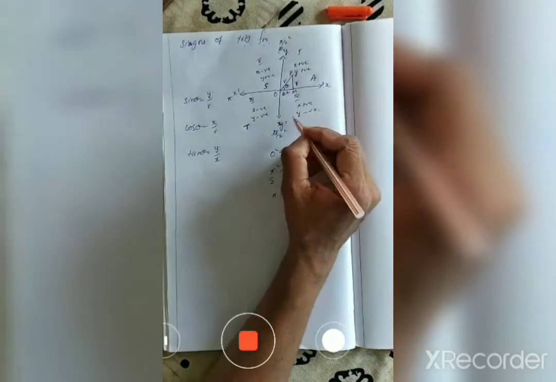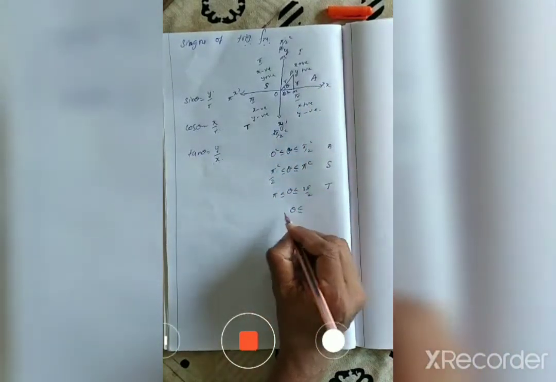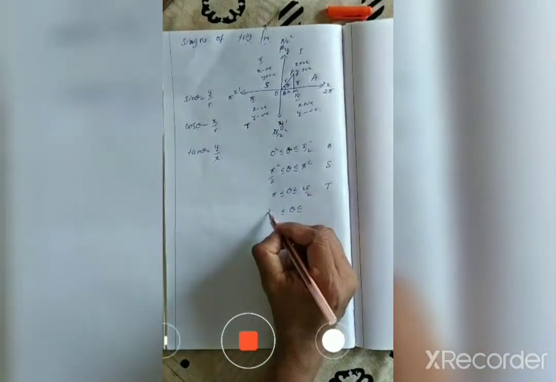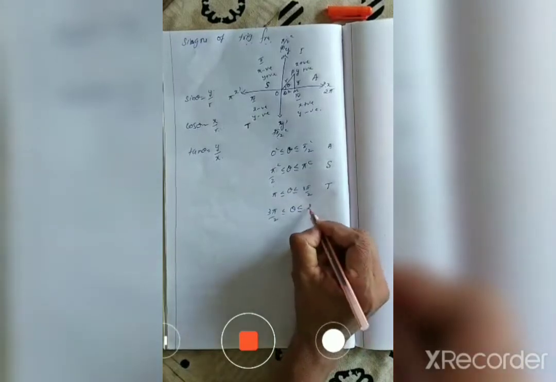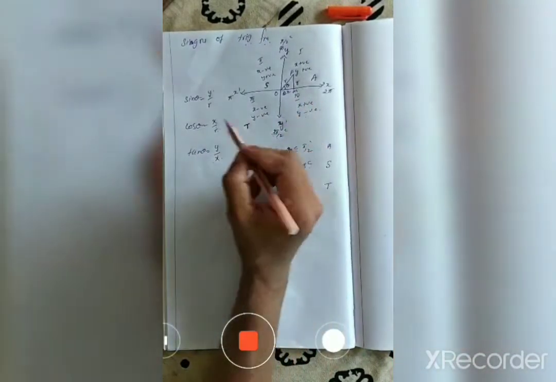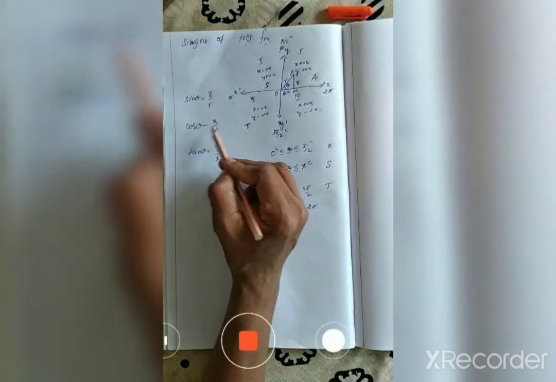Next come to the fourth quadrant. In fourth quadrant, angles lie between 3 pi by 2 and 2 pi. In this quadrant, x positive, y negative. So here sine negative, as y is negative, cos positive.